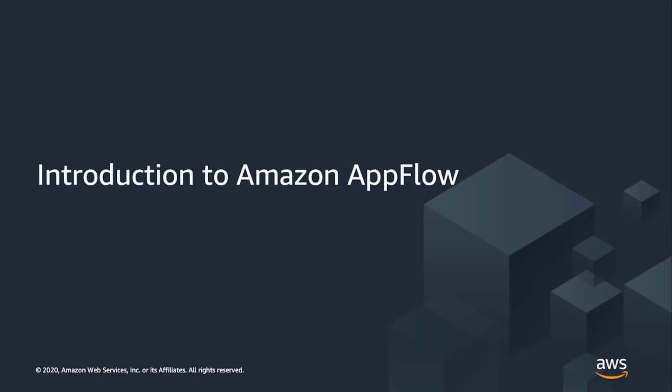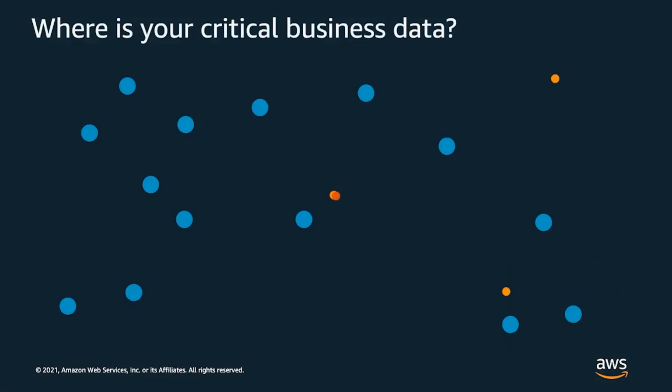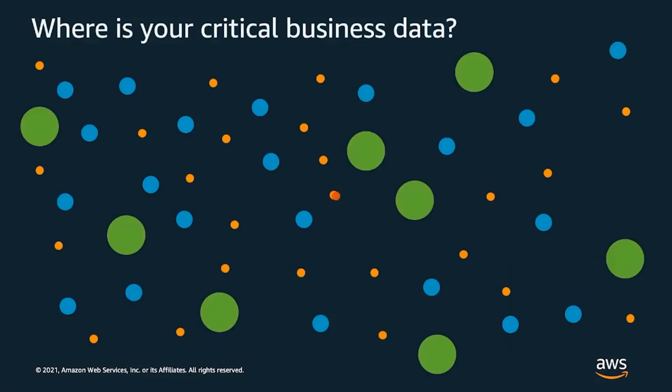And before we jump in, a critical question I want to ask you is, where is your critical business data? When we have data that we use for making decisions with our business, that data is often located in one of many different places, either in SaaS services or AWS services, or on a computer under your desk or something like that.